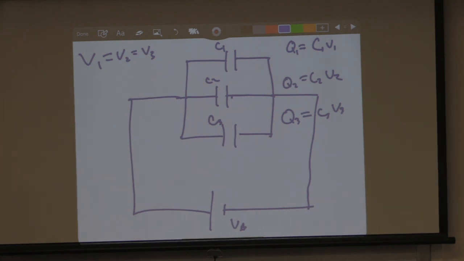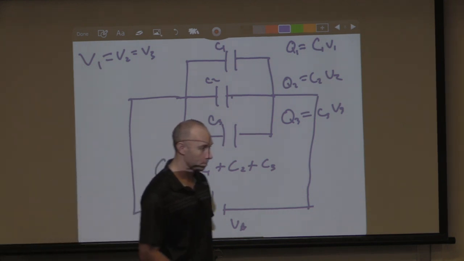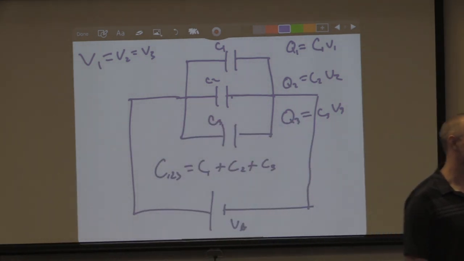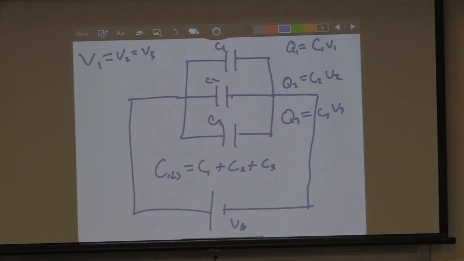To find the overall equivalent capacitance for this is super easy. C123 for a parallel set is just a sum: C1 plus C2 plus C3. It's not that bad.